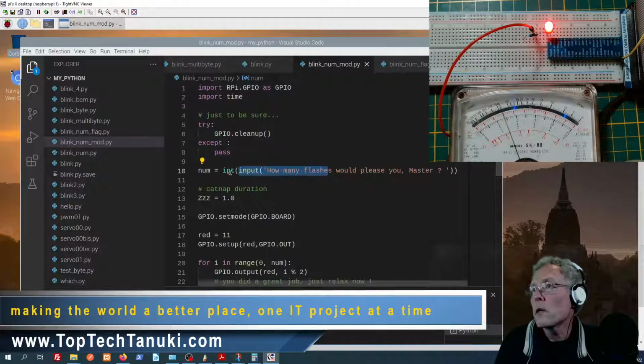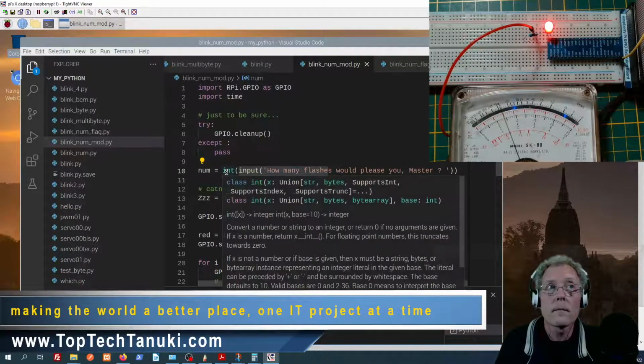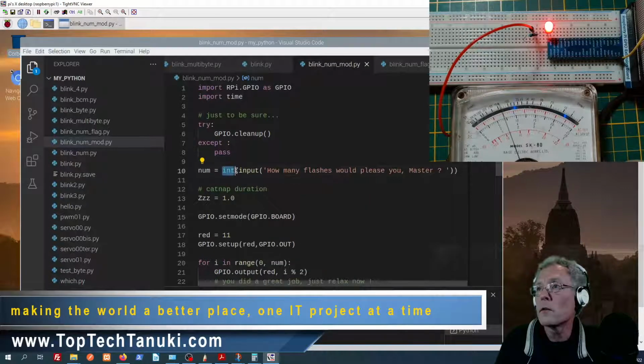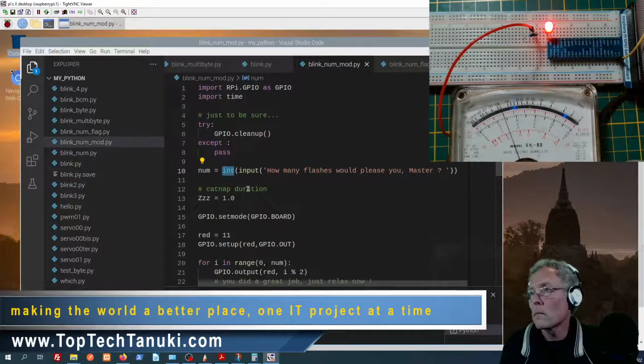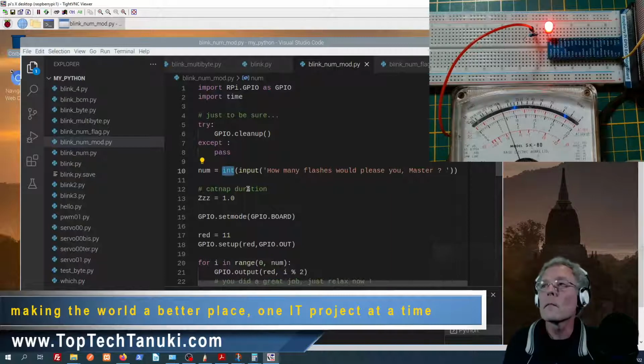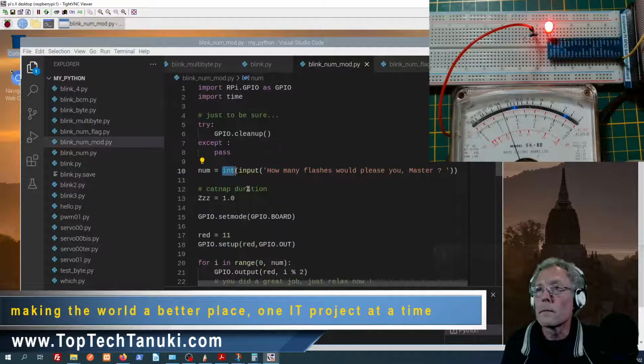Always remember that everything coming from outside is string. Okay, the system is based on strings, so we want integers inside. So we make a conversion.